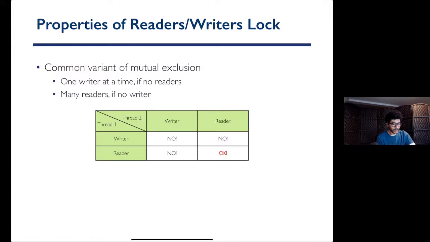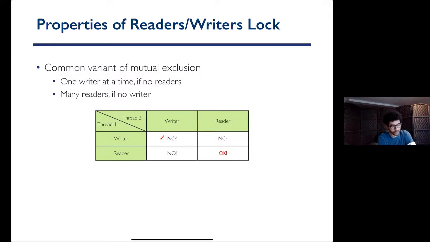Putting it all together in this table, we are considering two threads, and you can expand on this. The rows of this table represent thread 1, and the columns represent thread 2. If thread 1 is a writer and thread 2 is a writer as well, we want mutual exclusion, so they cannot have access at the same time.